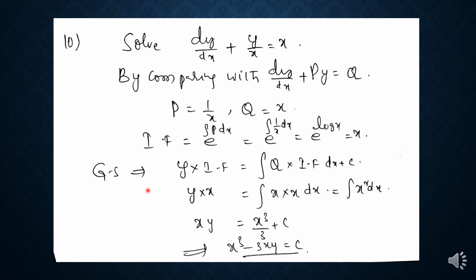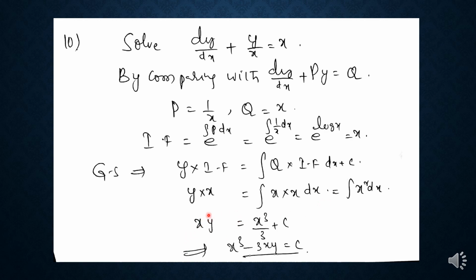What is the general solution here? y into integrating factor is equal to integral q into integrating factor dx plus c. So now substitute the values of IF and q. What is IF? IF is equal to x, so y into x is equal to integral, what is the value of q here? q is equal to x. x into what is IF here? x. x into x dx is equal to integral x square dx.